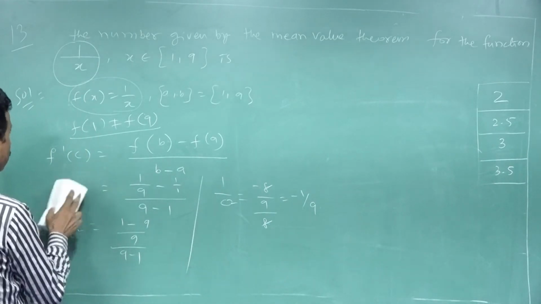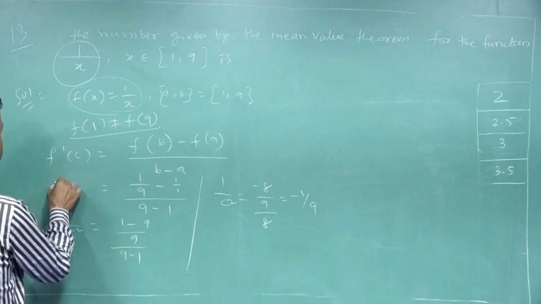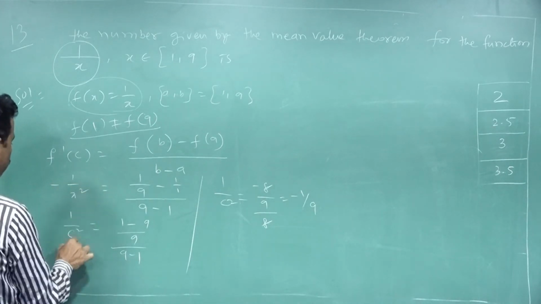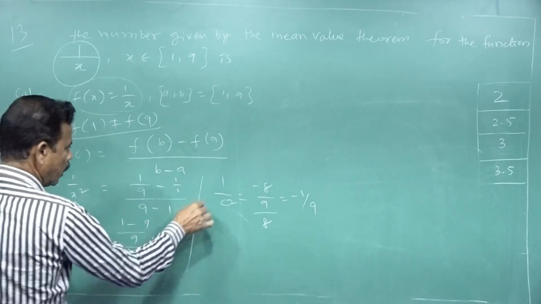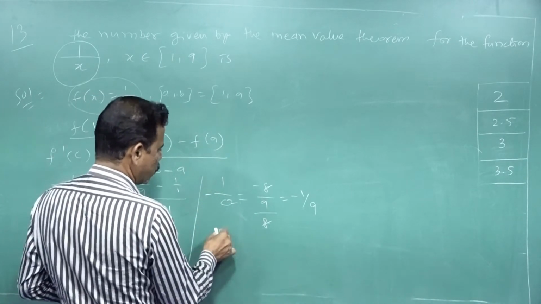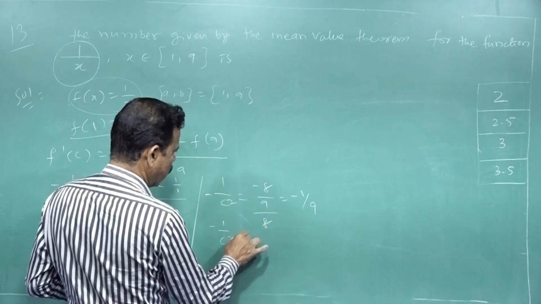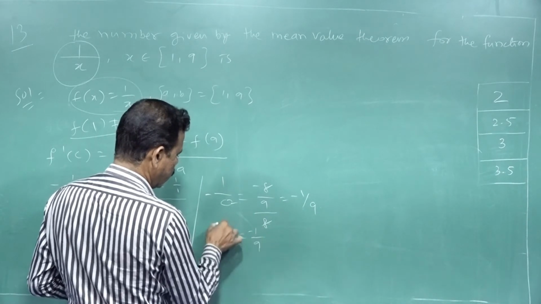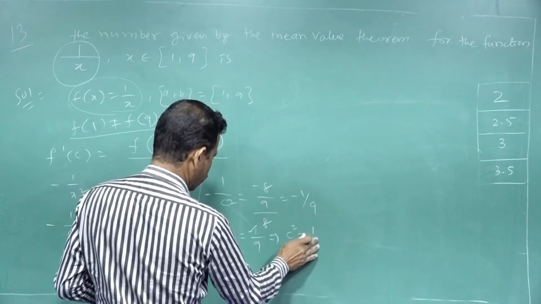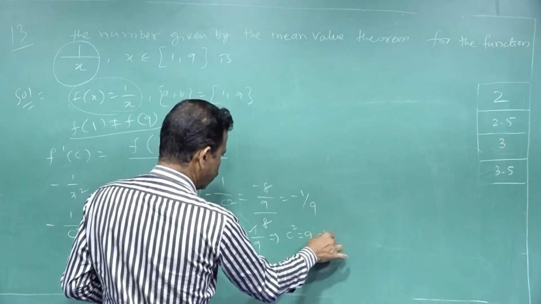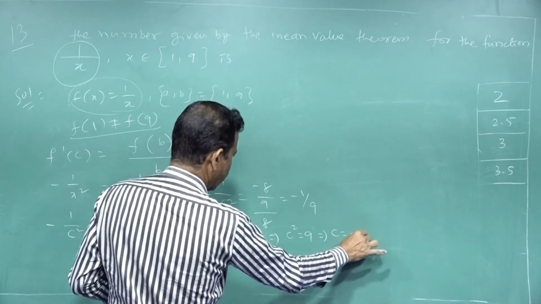The derivative of 1 by x is minus 1 by x square, so here also minus 1 by c square. So minus 1 by c square is equal to minus 1 by 9. Minus minus cancel, c square is equal to 9, where c is equal to plus or minus 3.